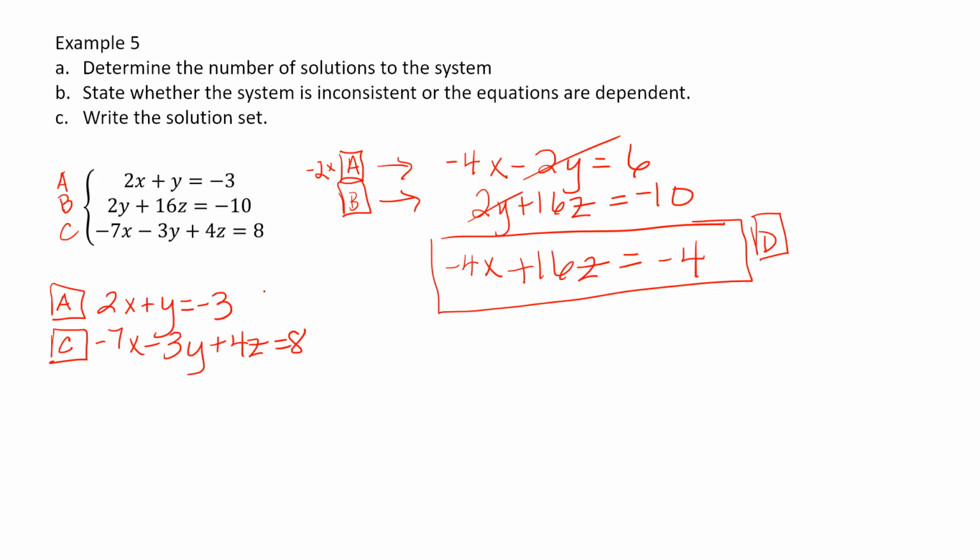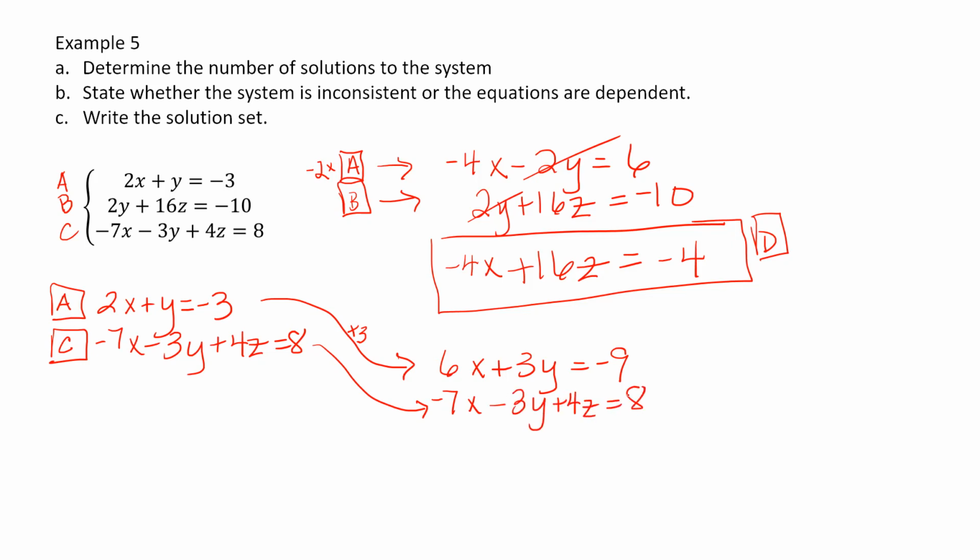So I'll have 6x plus 3y equals negative 9. And I'm going to leave this equation the way it is, negative 7x minus 3y plus 4z equals 8. I'm going to add those up, and the y's will cancel, and I will have negative x plus 4z equals negative 1.